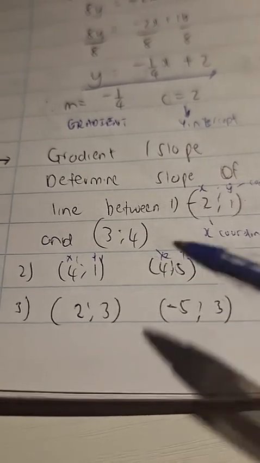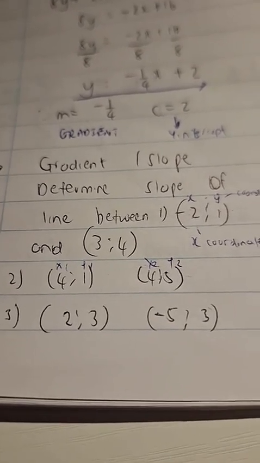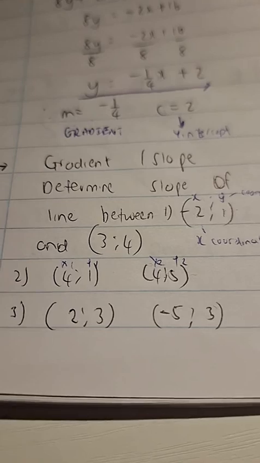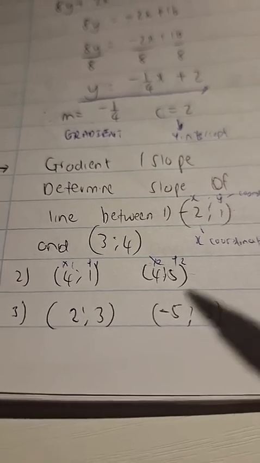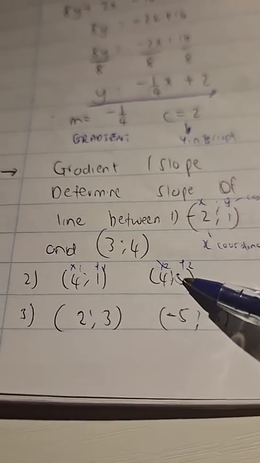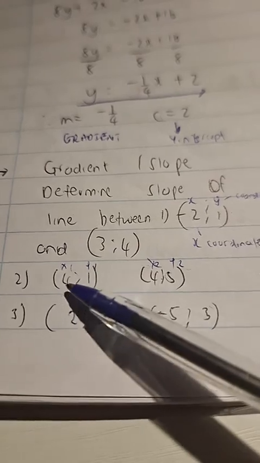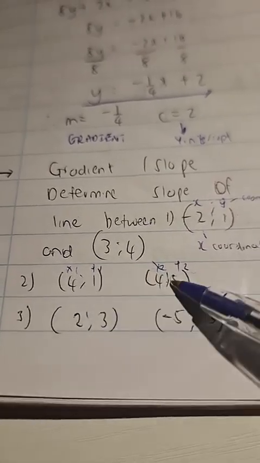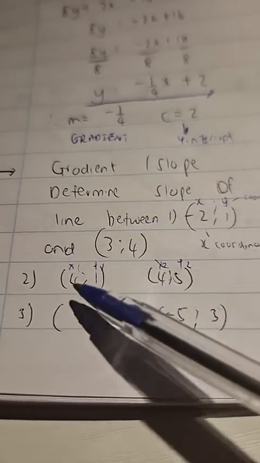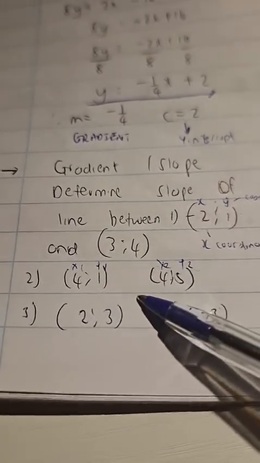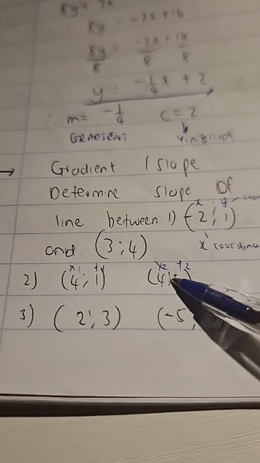Immediately in your head, the difference between the y coordinates is 4. Very true, if you are starting with this one and that one. But what I wanted you to notice from the get-go is that the x coordinates are the same, whereas the y coordinates are different.